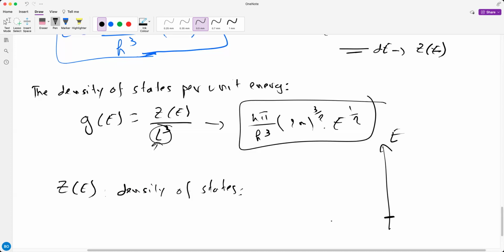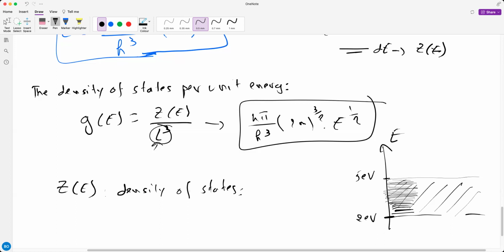And I want to know how many energy levels I have between 2 electron volt and 5 electron volt. Let's say in the metal, for some applications, I want to know how many energy levels I have between these 2 electron volt and 5 electron volt. What do I have to do? Don't we integrate it? Exactly.